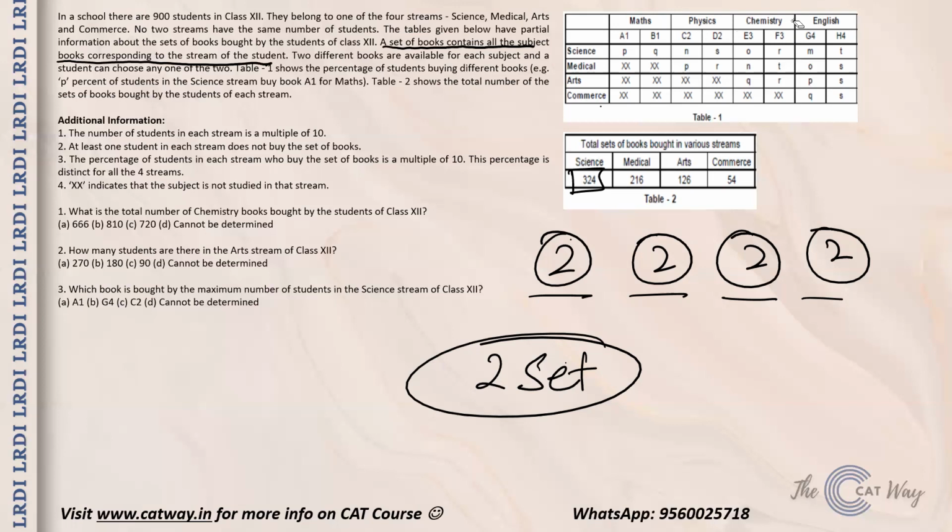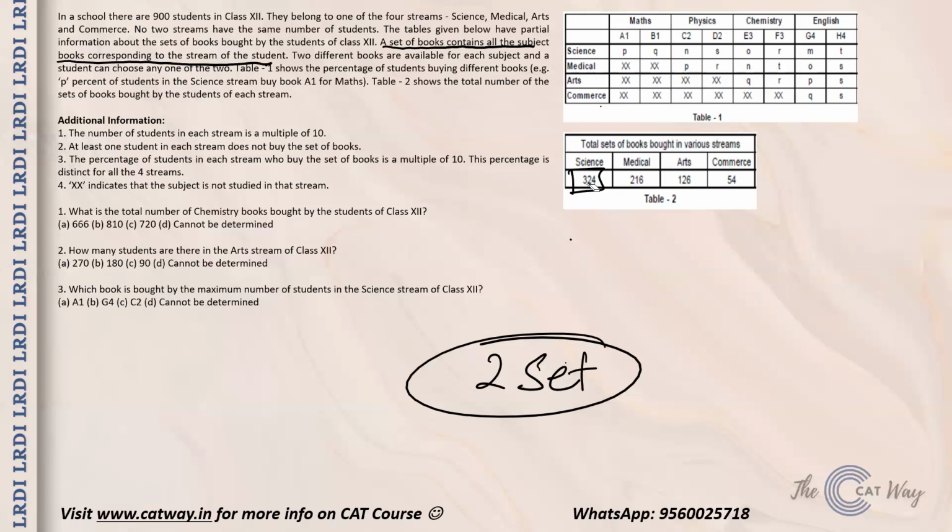Like A1 could be bought maybe 300 times out of 324. 300 people have preferred A1, whereas only 24 people have preferred B1. But the total number will always be 324. Similarly for physics, let's say only 200 bought C2, whereas 124 bought D2, right? But still the total number of physics books is 324. So these are a few pointers that you have to keep in mind, right?